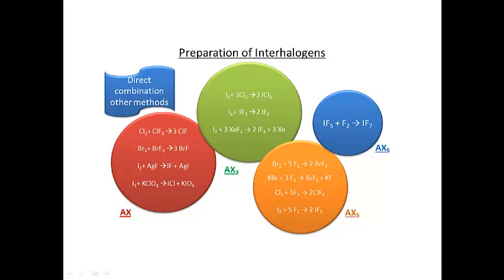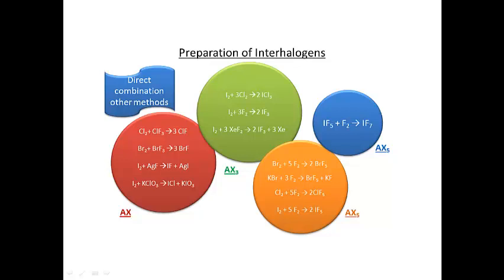Bromine is in the -1 oxidation state, while here bromine is in the +5 oxidation state, which means fluorine has oxidized bromine. When there is a change in oxidation state of halogens, this type of reaction is known as a redox reaction, where there is electron transfer from one halogen to the other.